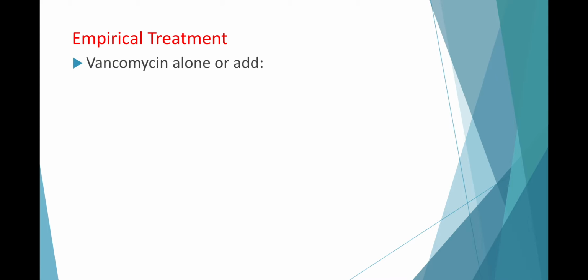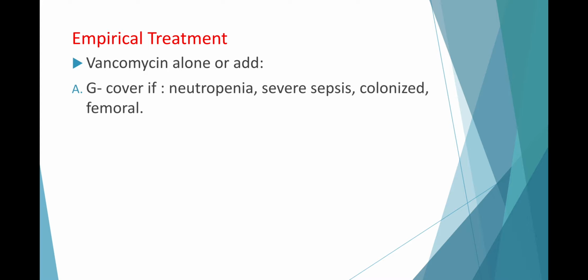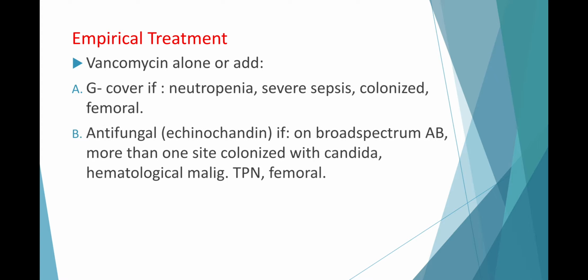As I mentioned, vancomycin is the drug of choice for Staphylococcus infection, alone, or sometimes we add gram-negative cover if the patient has neutropenia, severe sepsis, is colonized with gram-negative bacteria, or the central line is inserted into the femoral vein. Gram-negative cover like ciprofloxacin, third-generation cephalosporin, or meropenem can cover gram-negative bacteria.